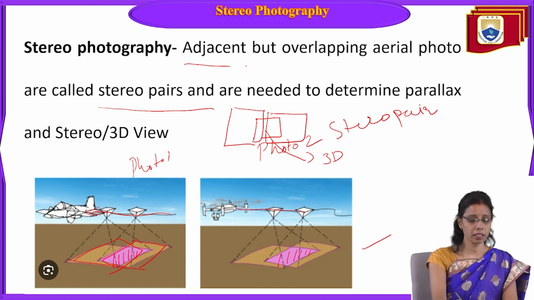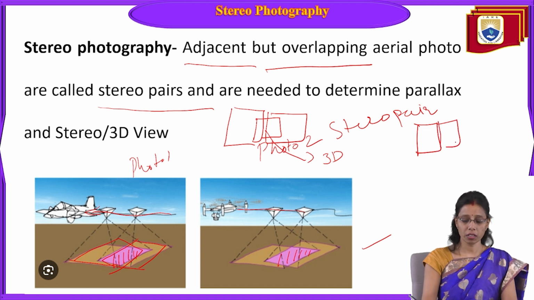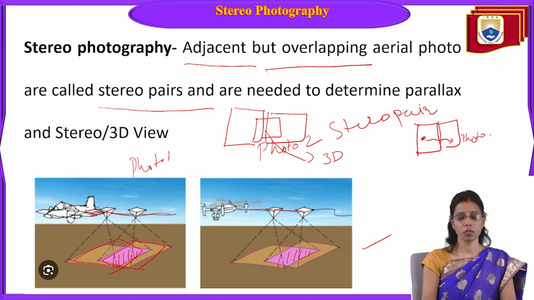You can see here adjacent but overlapping. Adjacent means one photo should be here and the other photo should be here, adjacent to each other. That means the topography which we can see in this photo, the continuity should be there in photo 2. Suppose there is a road from here to here, the same road should continue in the other photo. This is called an adjacent photo.